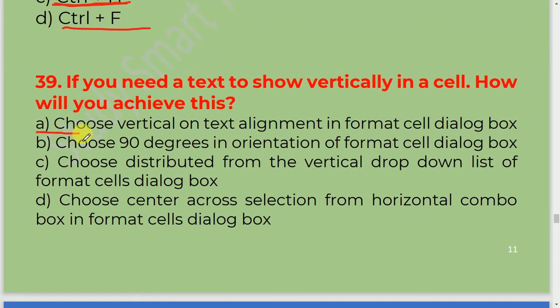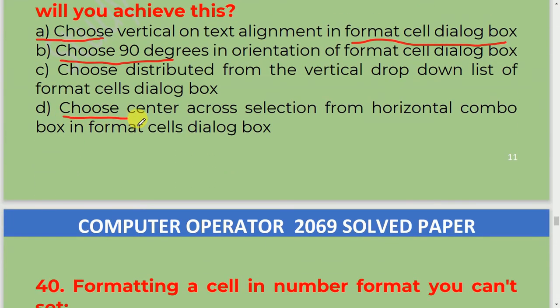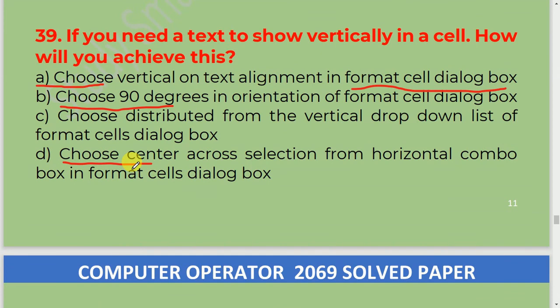Option A, choose vertical on text alignment in the format cell dialog box; B, choose 90° in the orientation of the format cell dialog box; C, choose distributed from the vertical drop down list of the format cell dialog box; D, choose center across selection from the horizontal combo box in the format cell dialog box. So the correct option is option B. Choose 90 degree in the orientation of the format cell dialog box.